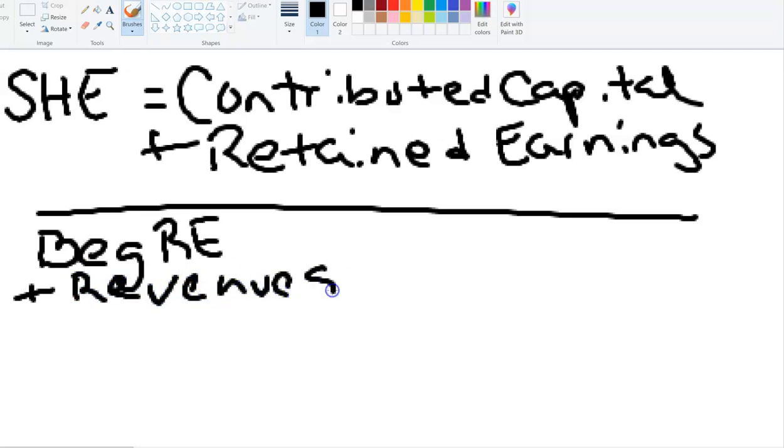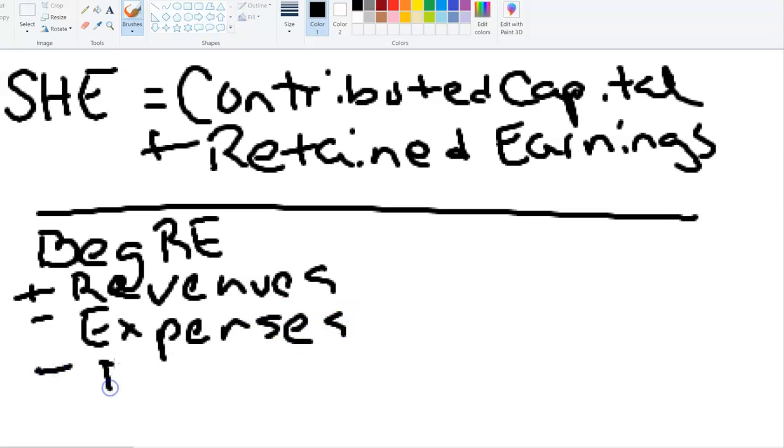It's hard writing on this board. Minus expenses. Remember, the net of those two is either net income or net loss. Minus dividends, I'll abbreviate that DIV, equals ending retained earnings.